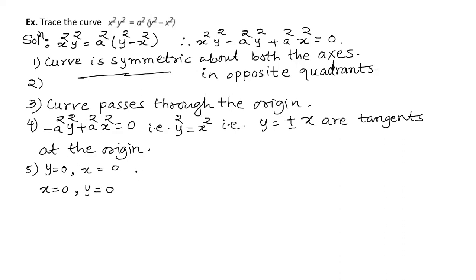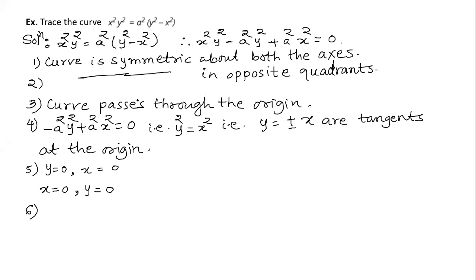So whatever we are in search of, some other point, already the origin is part of the curve. Is there some more? Till now we have not found any more. So next, let us go for asymptotes.